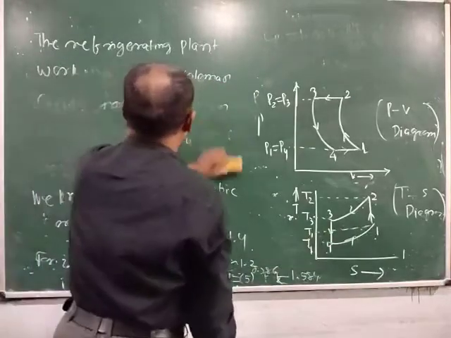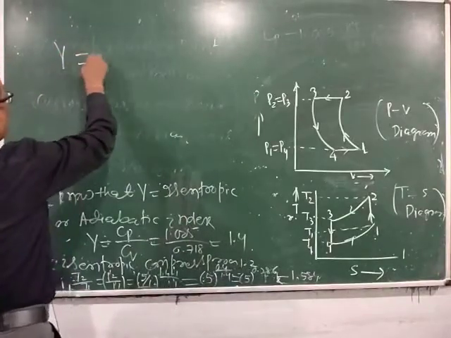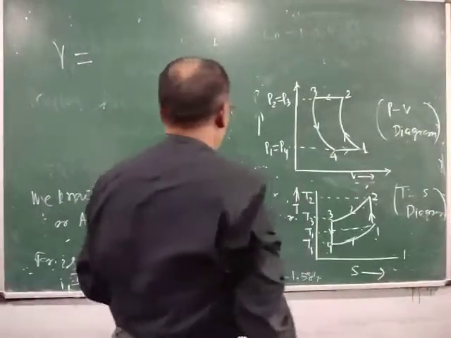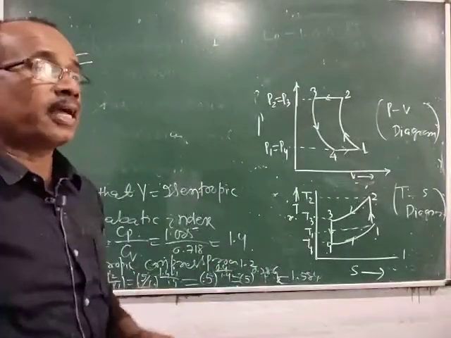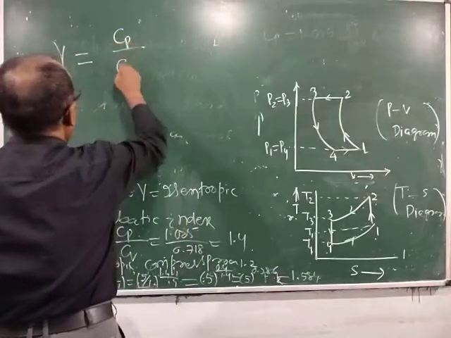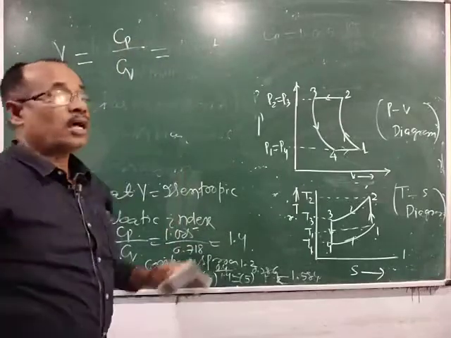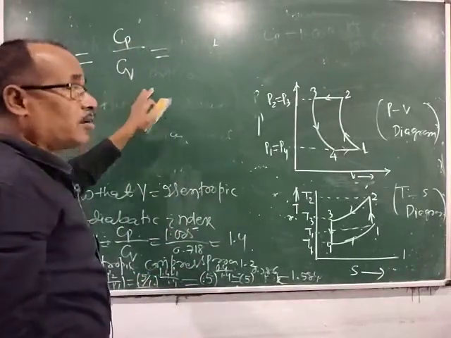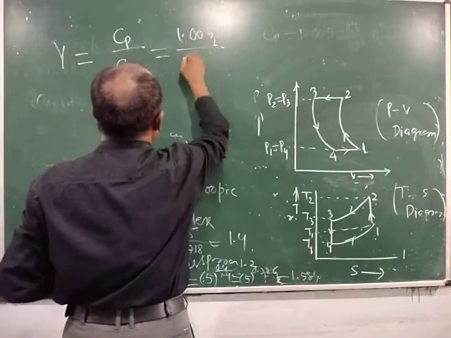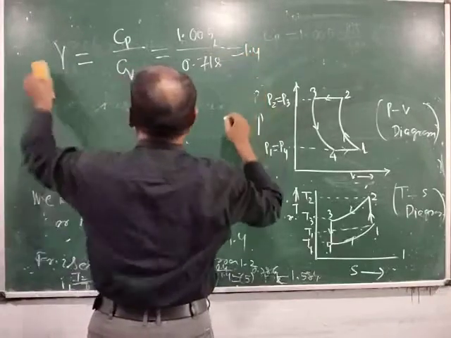We know that gamma, the isentropic or adiabatic index, is equal to Cp by Cv, that is specific heat at constant pressure and specific heat at constant volume, is equal to 1.005 divided by 0.718 is equal to 1.4.